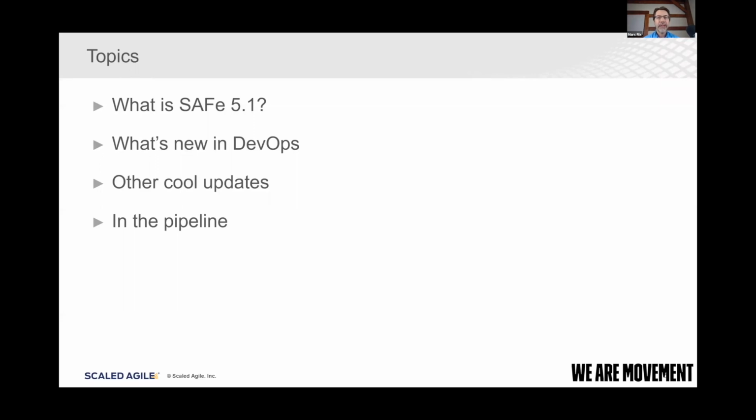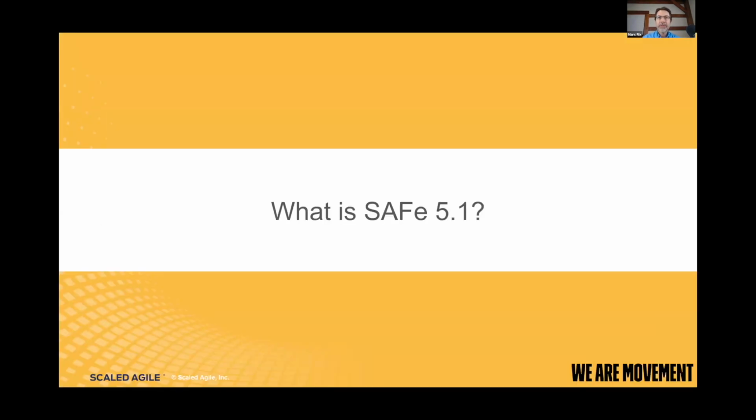So I'm going to cover that. I'll also talk about some other cool updates that are relevant to engineers and architects and DevOps professionals. So some other things that might not be so obvious, but things that you might find interesting about the new release as well. And then I'll talk about new things in the pipeline. So a little bit of what we've done and where we're going.